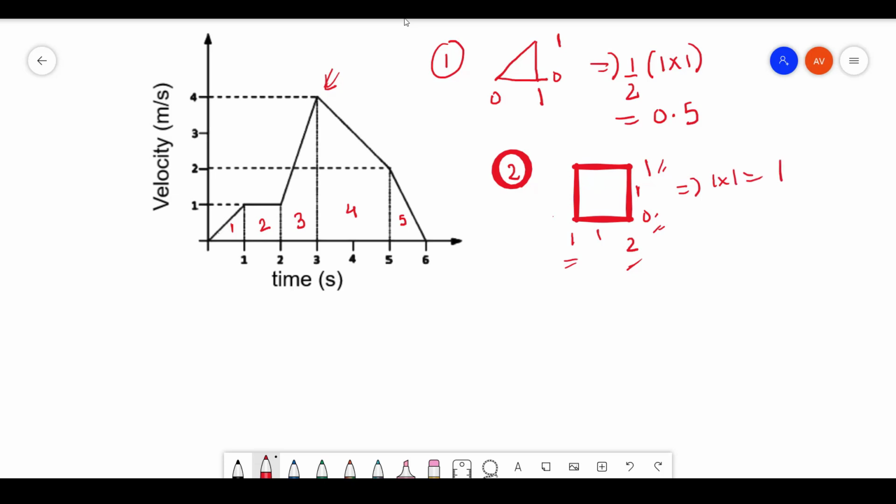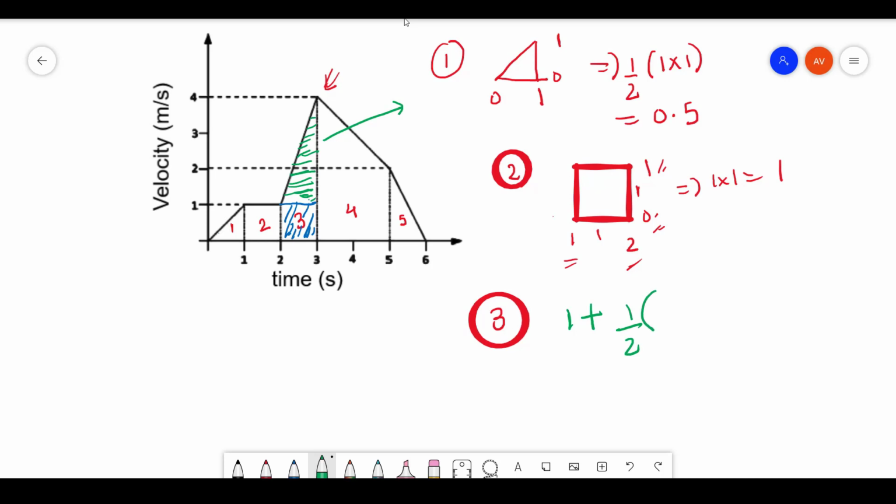Now let's go to the third part, which is slightly different. Here you have one rectangle and one triangle, so we have to add those. The area of the rectangle is 1, plus the area of this triangle, which is half into base into height.